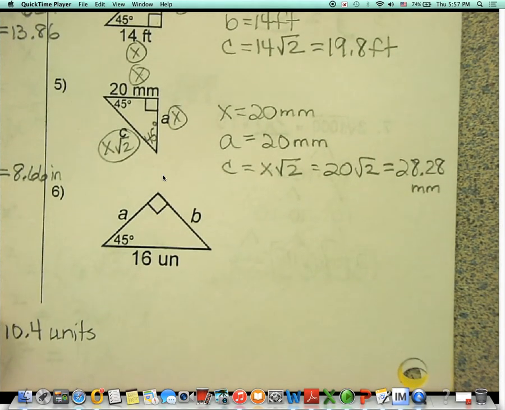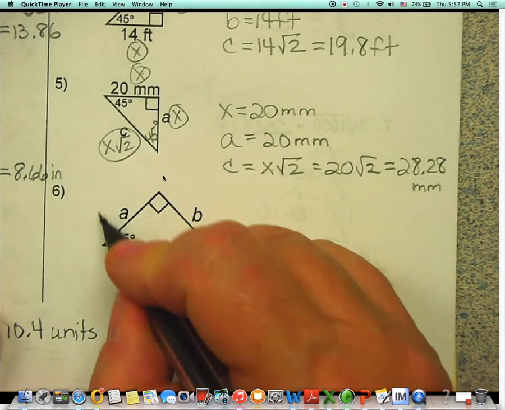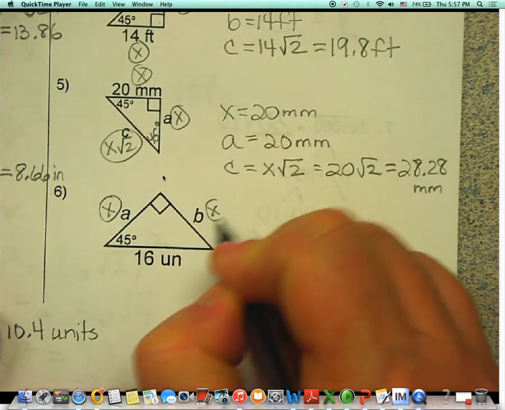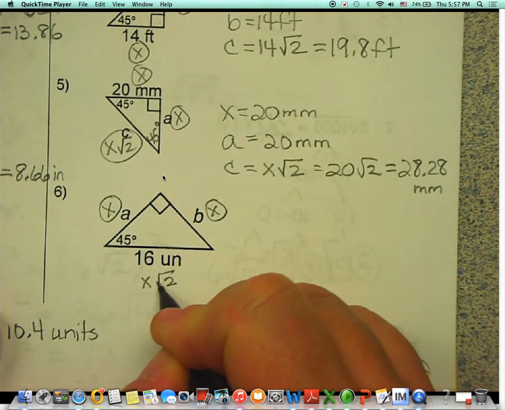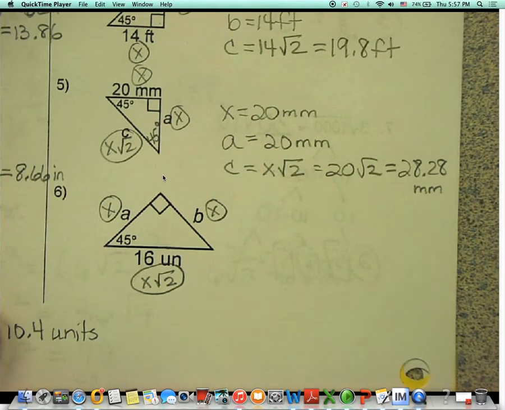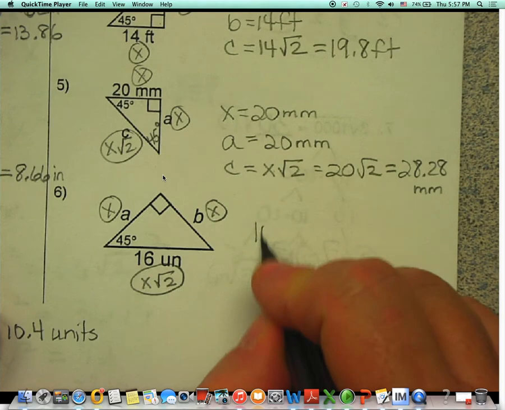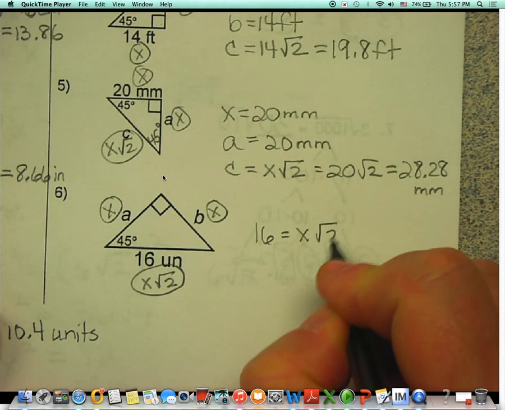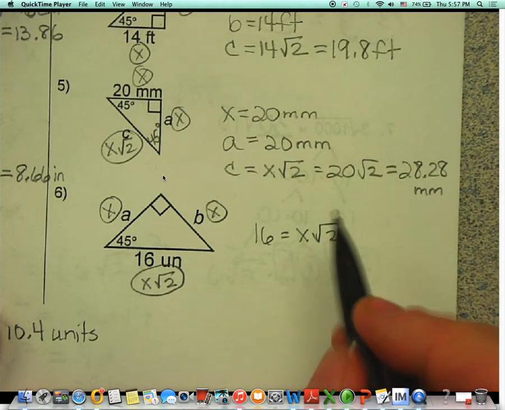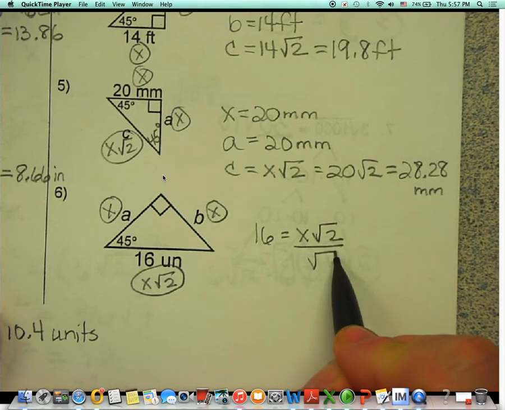Okay, then number 6, we've got x, x, x square root of 2. Okay, this time we've got the hypotenuse, so say 16 equals x square root of 2, and then we have to solve for x. And the square root of 2 is multiplying the x, so we'll divide by the square root of 2.